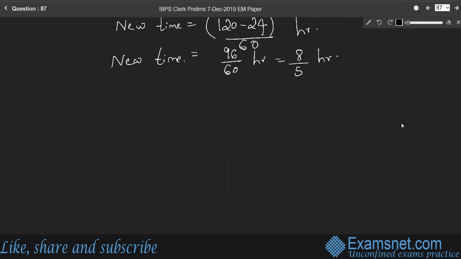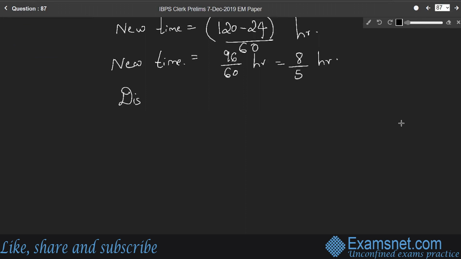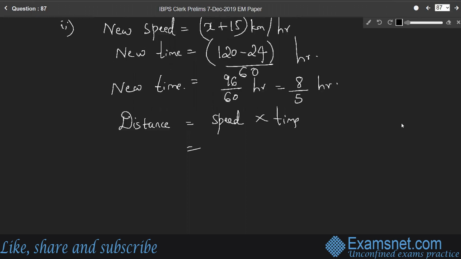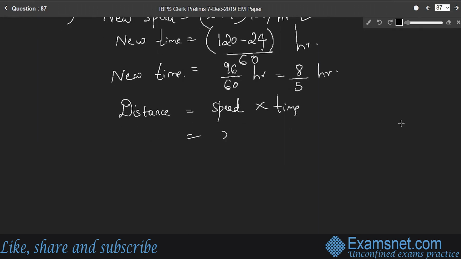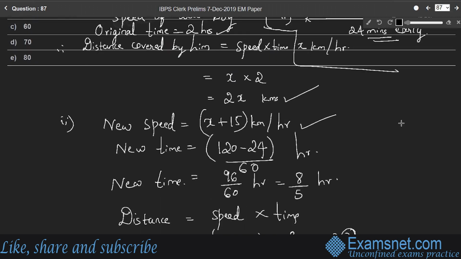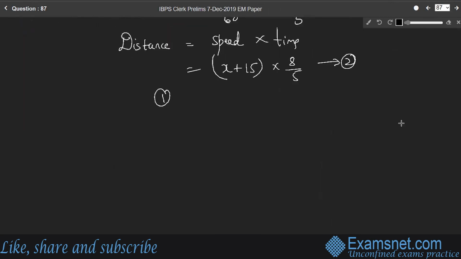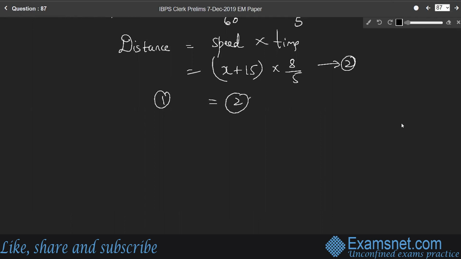What is the distance covered by him in the second case? Distance is equal to, again, speed into time. What is the new speed? New speed is x plus 15 kilometer per hour into new time 8 by 5. This is the distance covered by him in the second case, and this is the distance covered in the first case. So 1 equals 2. What is 1?